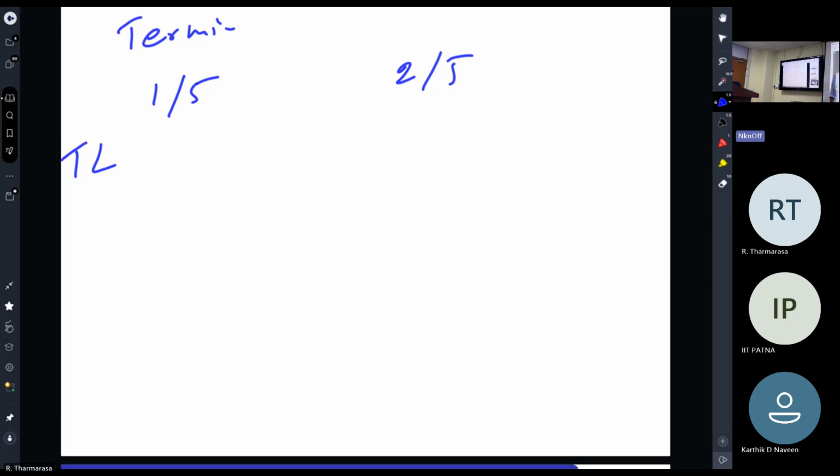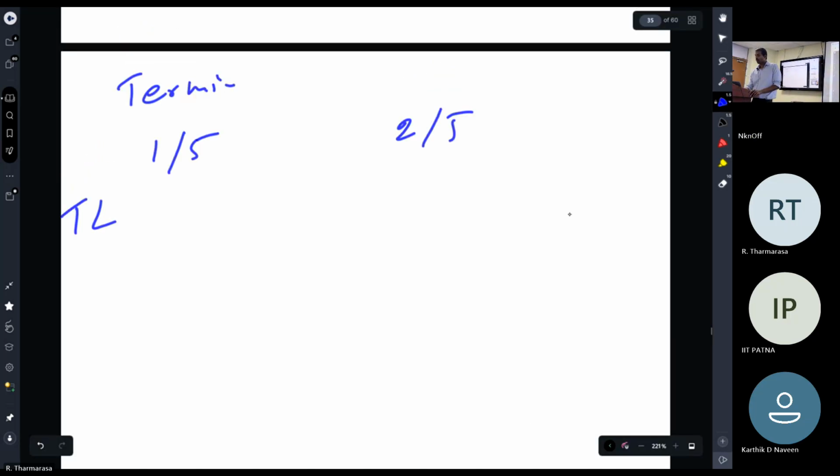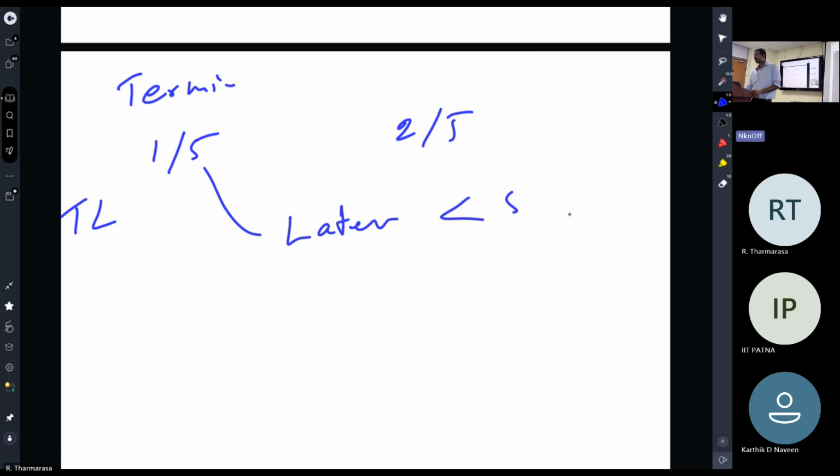So what is the latency that you can have? Even after 4 zeros, you can delete it, right? So that means this will have overall less latency. Is that right? Okay, can I say that with this one, termination latency is always less than or equal to 5? Can I say that?